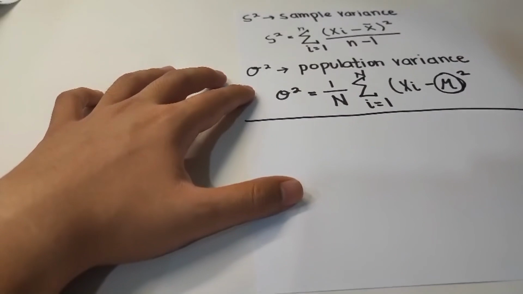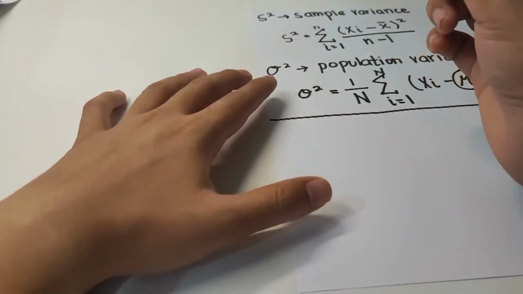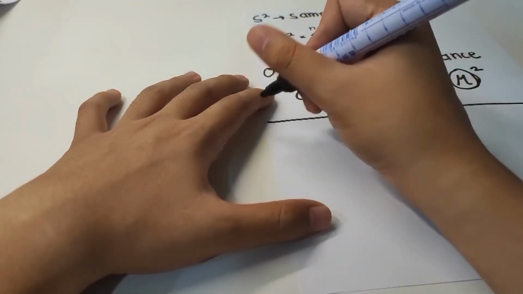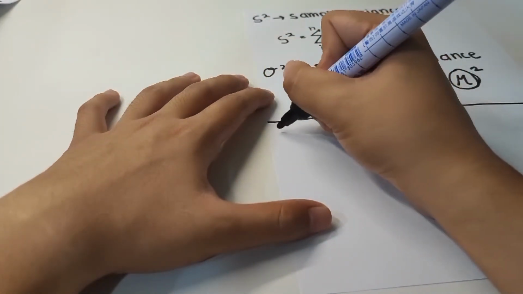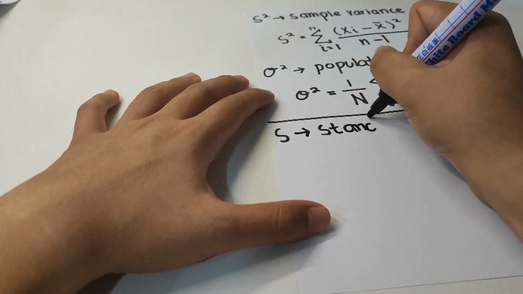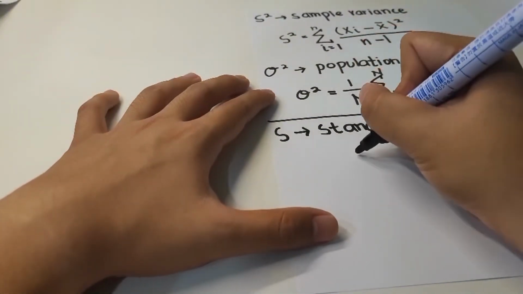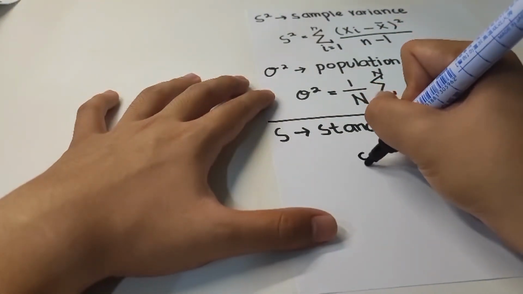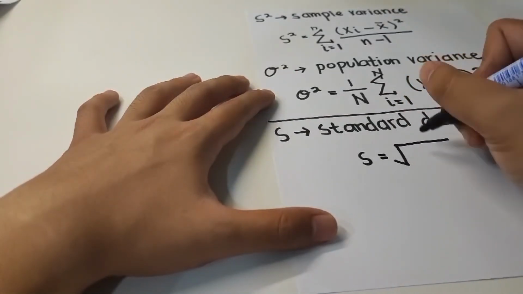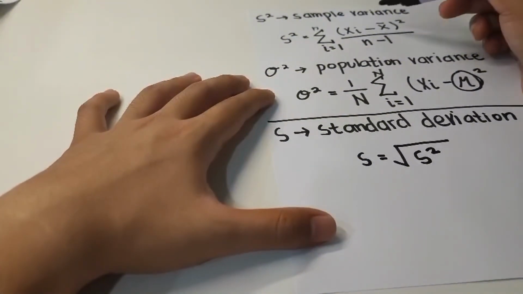What about standard deviation? For the sample standard deviation, it is denoted by S. The formula is S is equal to the square root of S squared, or the sample variance.